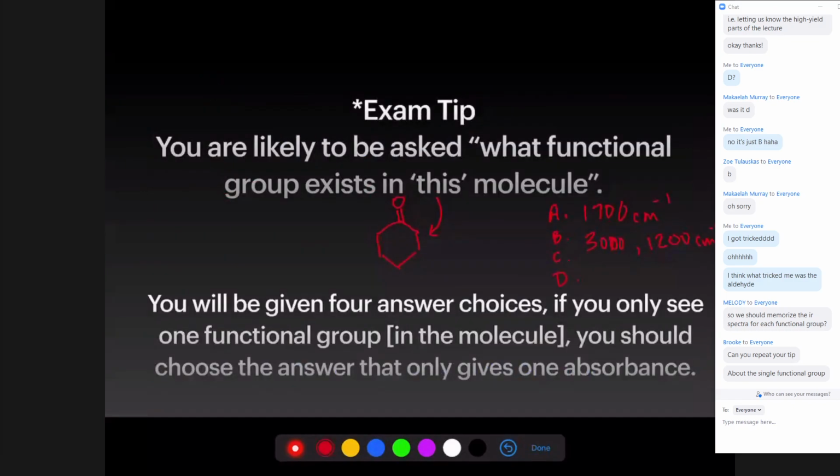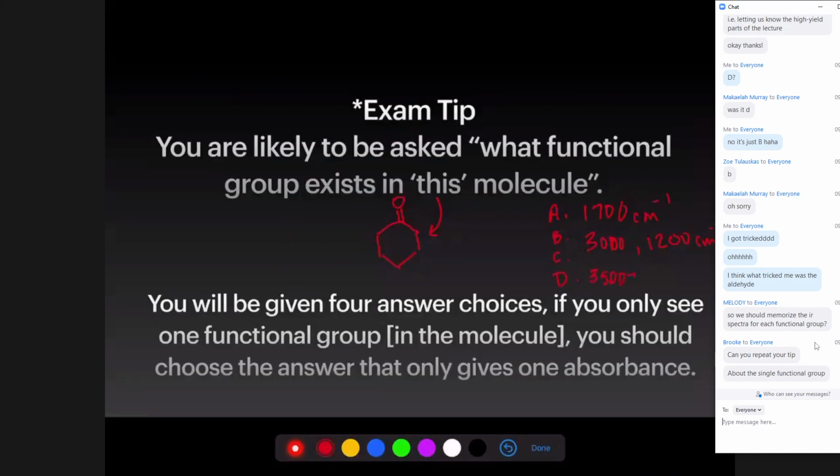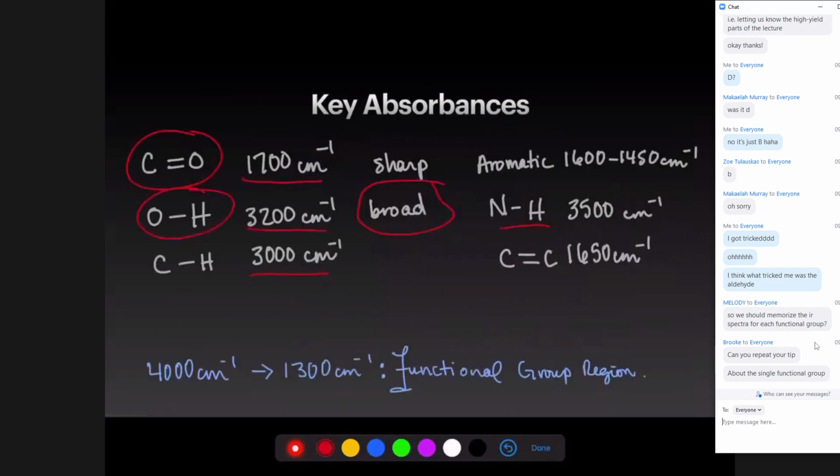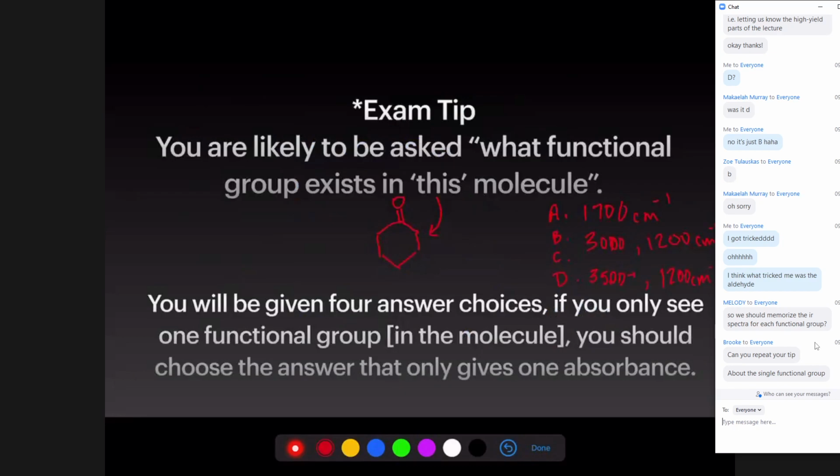And they might give you, this is kind of messy, but hopefully it gets the point across. Okay.